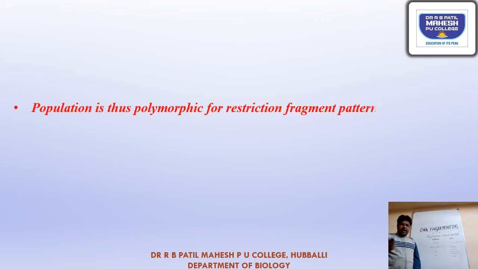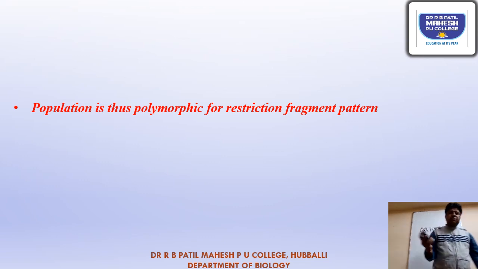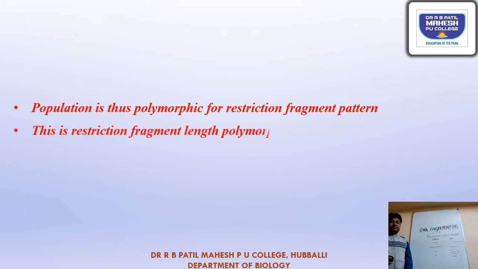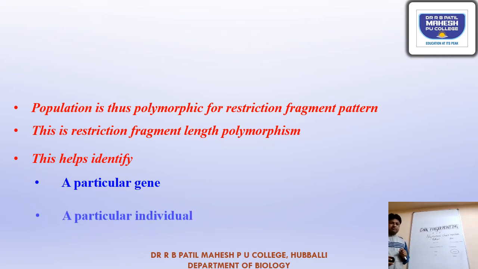Now come back to some important points. The population is thus polymorphic for a restriction fragment pattern, and this is restriction fragment length polymorphism, RFLP.